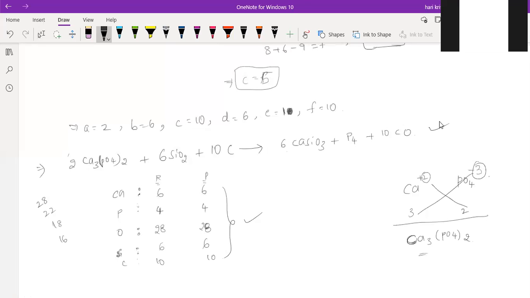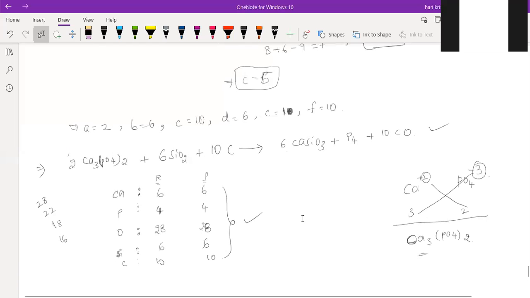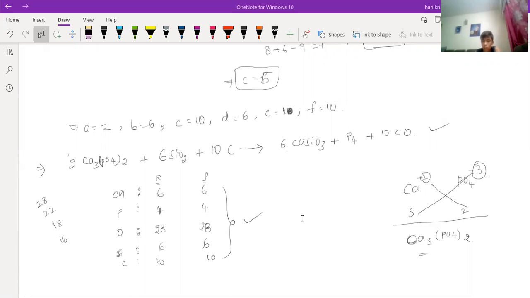I think phosphate is available in 2 places. Check near the trivalent table. Yes, I got it. In one of the tables it is given by mistake, but the valency of phosphate is 3 only. Clear?